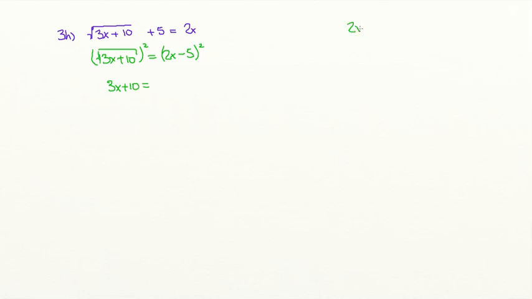Now remember, (2x minus 5) squared is really this. So when I multiply this out, that's going to be 4x squared minus 10x plus 25. So 4x squared minus 20x plus 25.